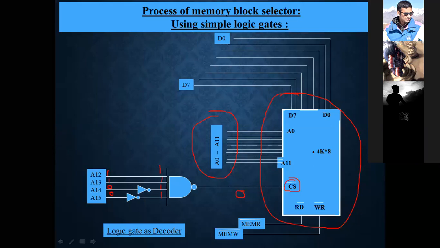Here you can see D0 to D7 are connected with the microcontroller for transferring data between the RAM and the microcontroller. This is the microcontroller side.